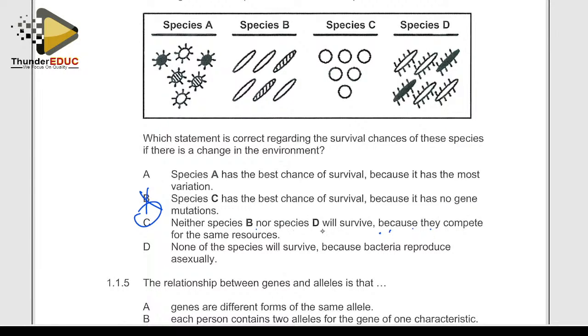Neither B nor D will survive because they compete for the same resources. What shows that they compete for the same resources? None of these species will survive because bacteria reproduce asexually. No, no, no, not really. So the most correct answer becomes A.